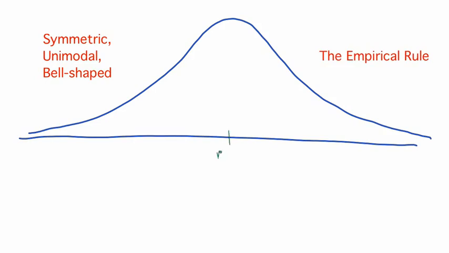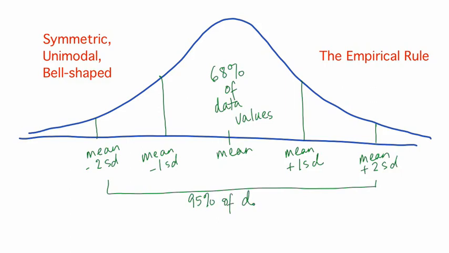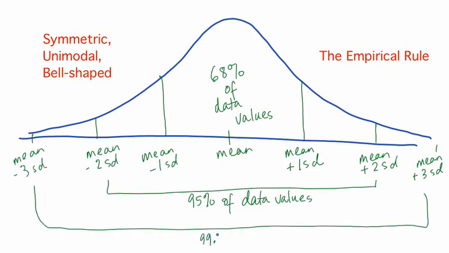In particular, approximately 68% of the data values are within the range from the mean -1 standard deviation to the mean +1 standard deviation. About 95% of data values are within the mean ±2 standard deviations, and 99.7%, almost all of the data values, are within 3 standard deviations of the mean.